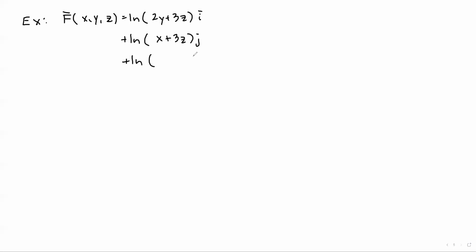All right, so we've got the vector field natural log of 2y plus 3z i plus natural log of x plus 3z j plus natural log of x plus 2y k. And so we can go through and do our curl calculation. Let's give ourselves plenty of space.